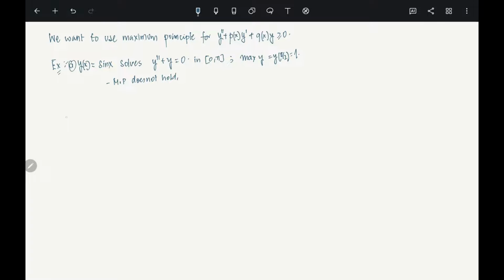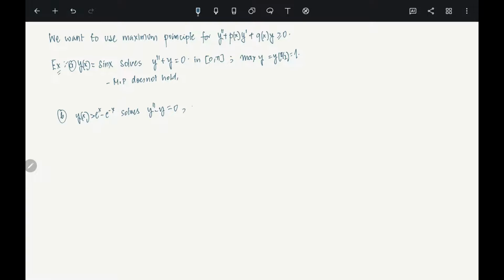See, if you change the equation and have this sort of equation, let's say y(x) equals e power x minus e power minus x, it solves y double prime minus y equals 0, right?